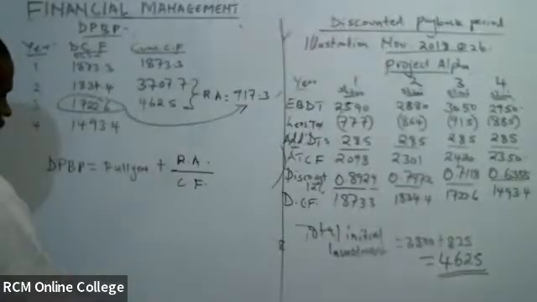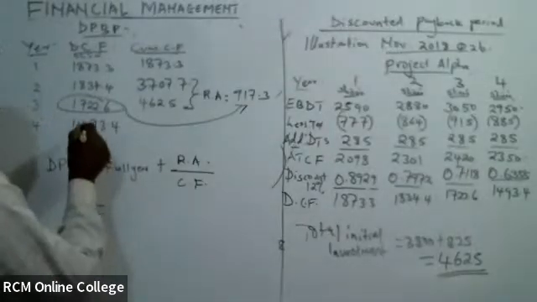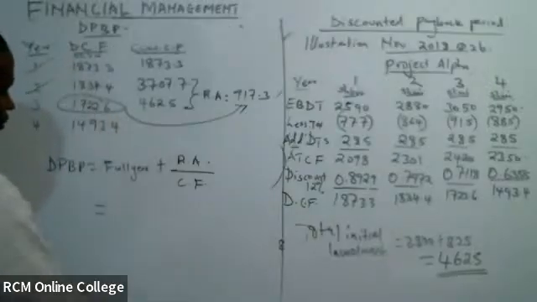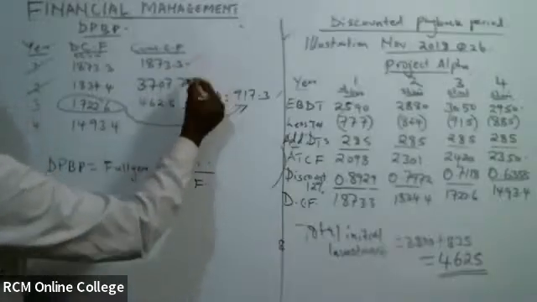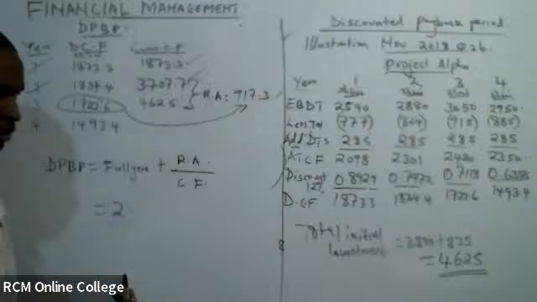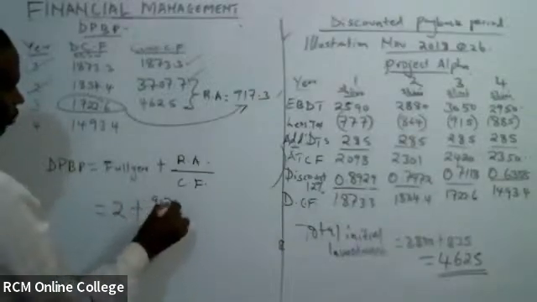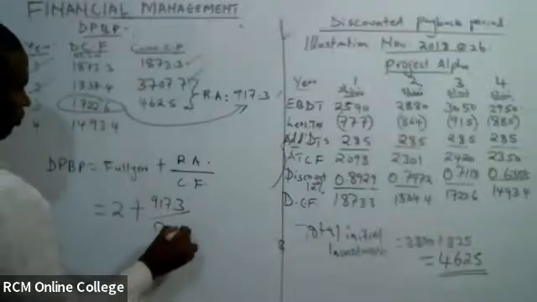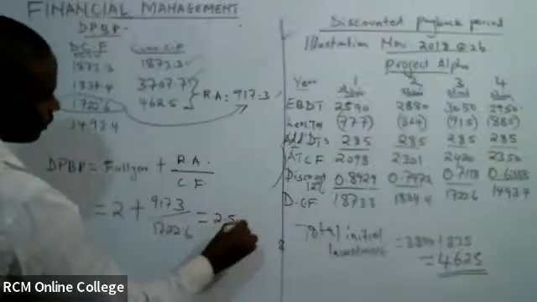Content should not stress you; you deal with the numbers. So this is a full 2 years, where we utilize all the cash flow, plus 917.3 over this cash flow of 1722.6, a portion of that. And we get 2.5 years.